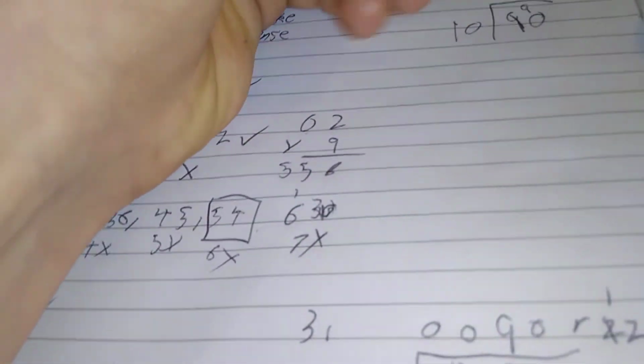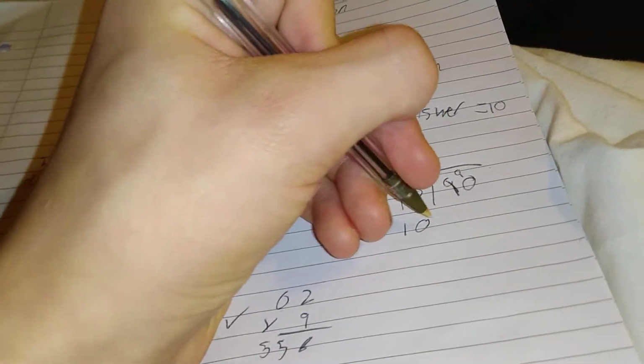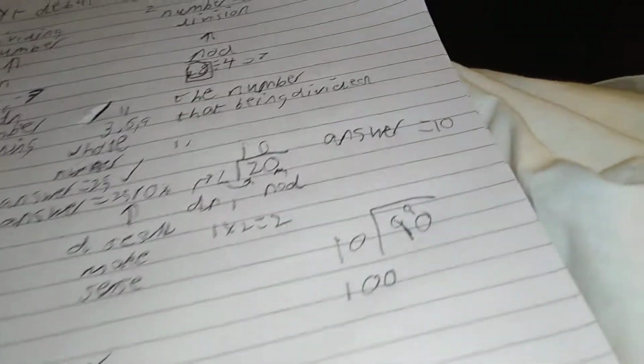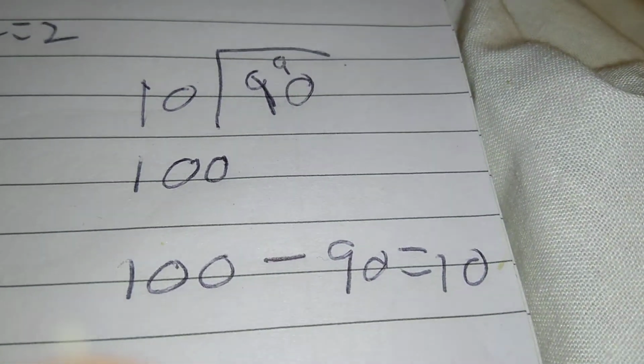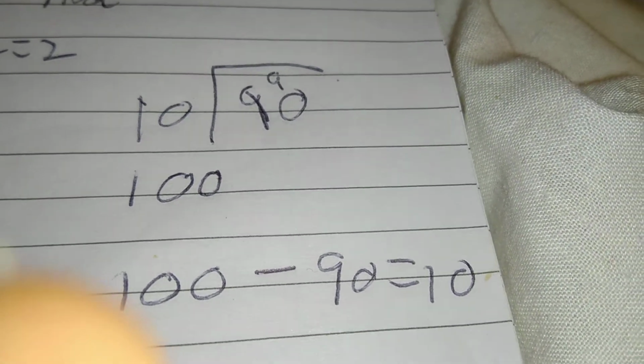Do it to the times of the 10 first. Of course, the answer is 9. I already do know that. Then I've got to do my 10 take my 90. Of course, that equals a 10 difference. But this is not my answer.